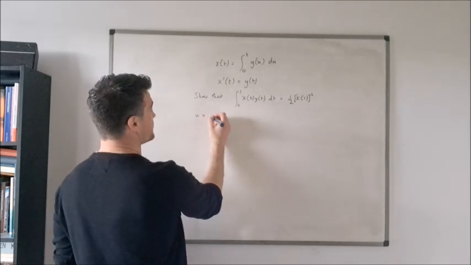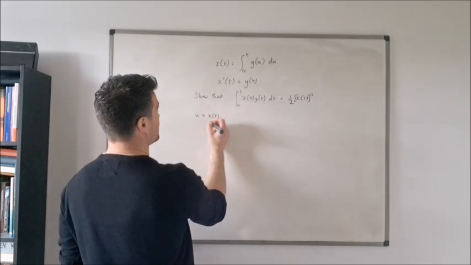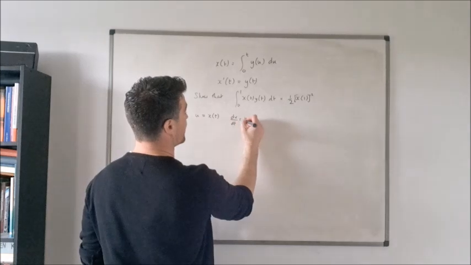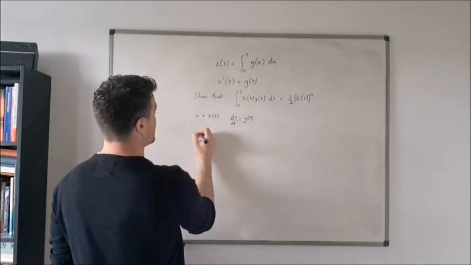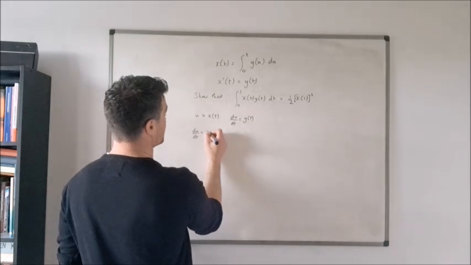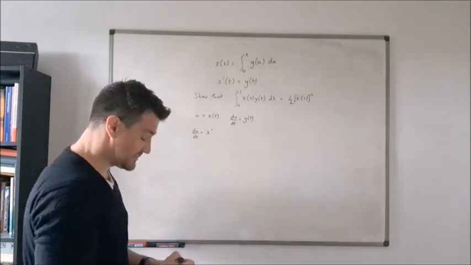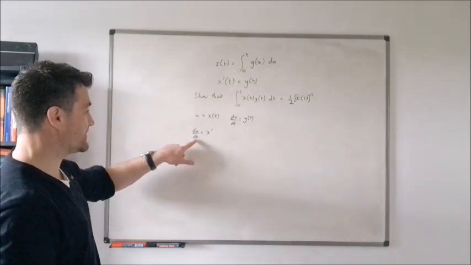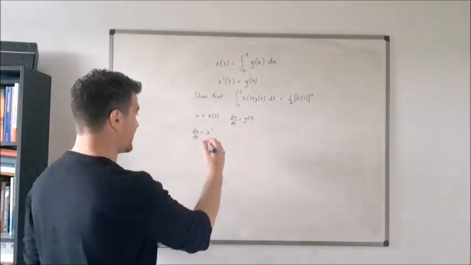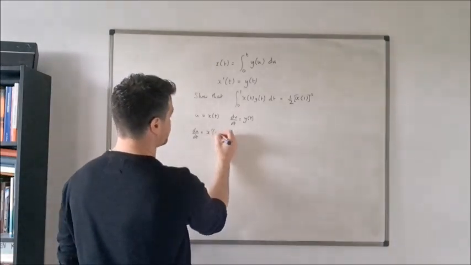If we set u equal to x of t and dv by dt equal to y of t, then we get du by dt equal to x primed. By the way, sometimes I'll use the derivative notation like this, sometimes I'll use the primed, it just depends how I feel as I write things out.